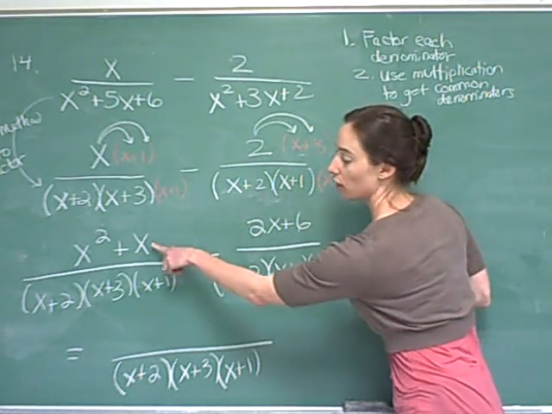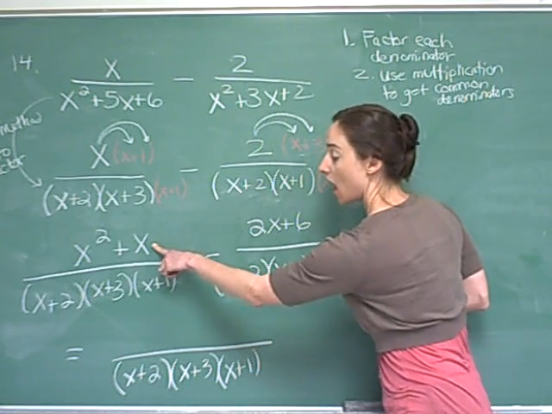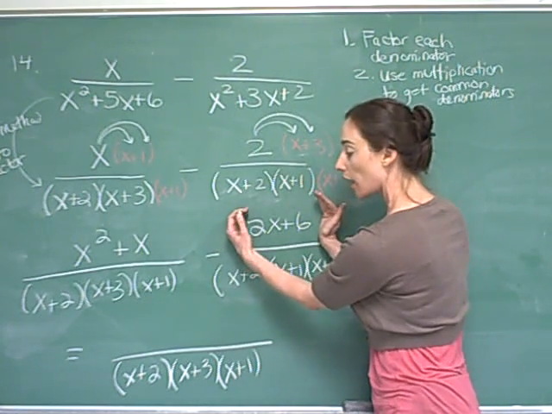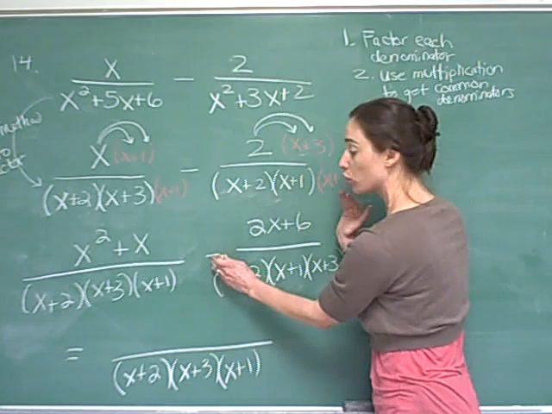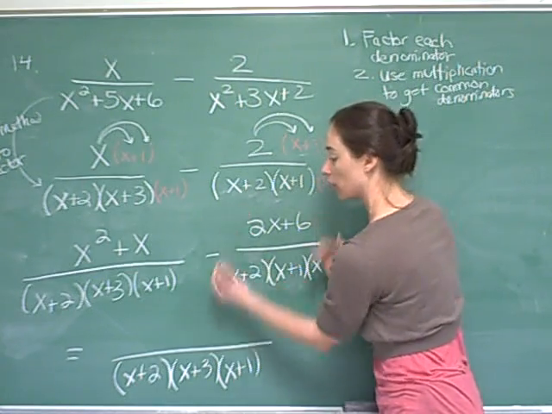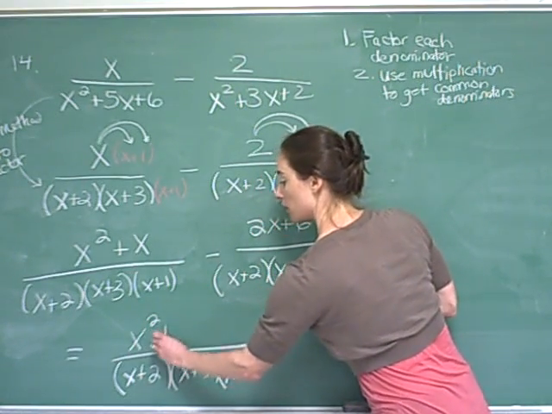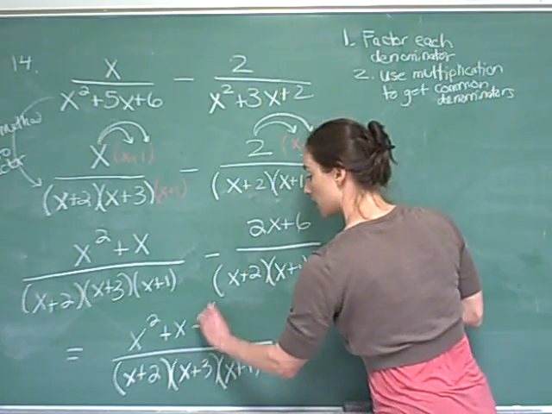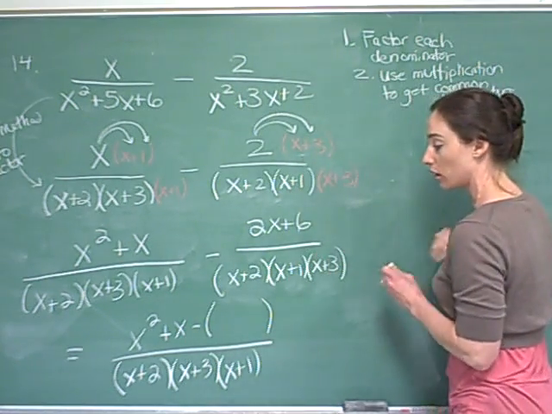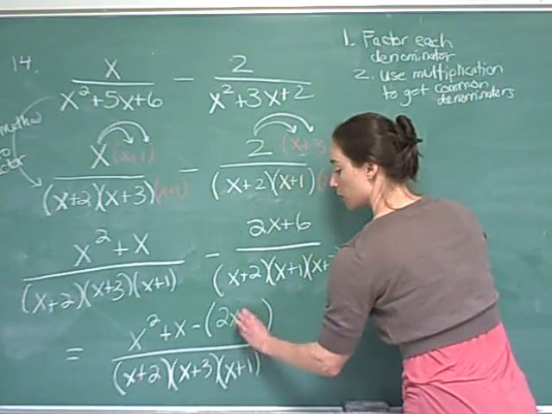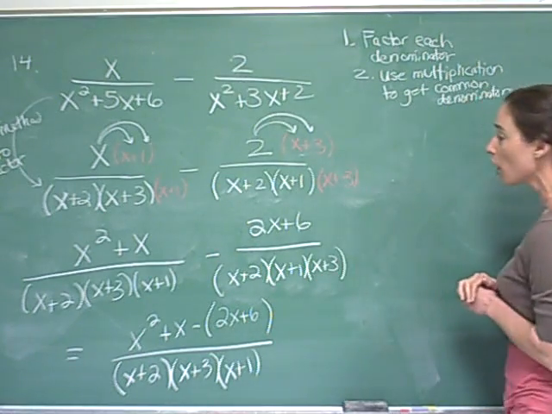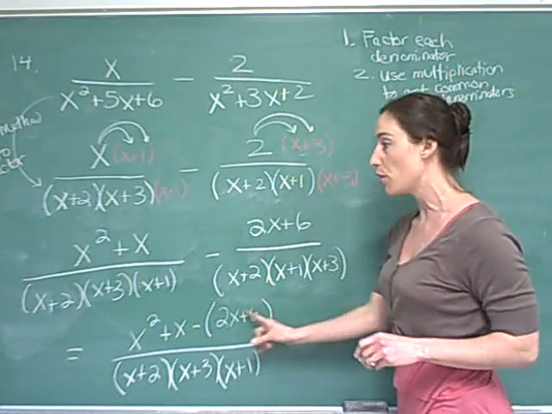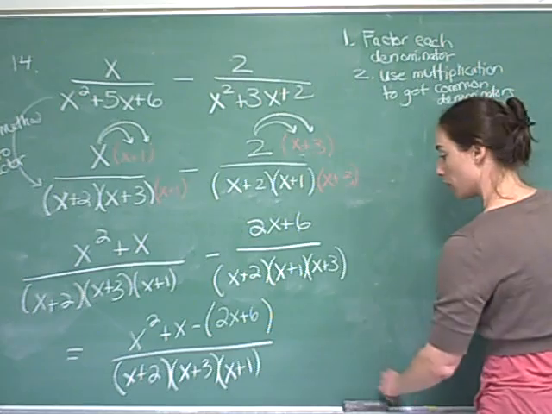And I'm going to take the first numerator as is, and then subtract this entire binomial. I'm going to subtract the entire second numerator. So I'll have x squared plus x minus the entire second numerator, which will be a 2x plus a 6. So I'm going to have to subtract both pieces of this binomial.